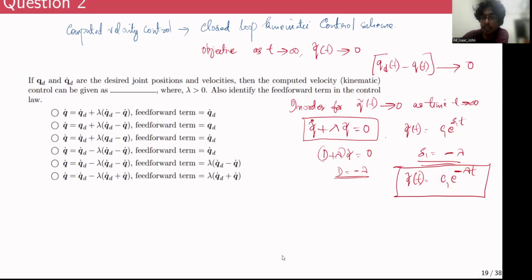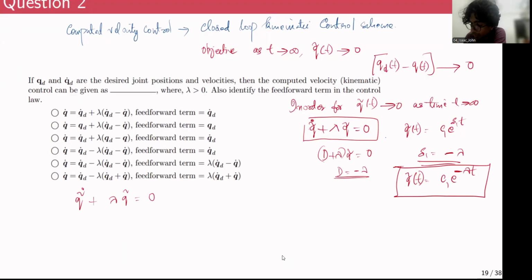So if asymptotic stability is desired, you have to force your system to behave as per this error dynamics. So q tilde dot plus lambda q tilde should be equal to 0. This is how we want the system to behave.